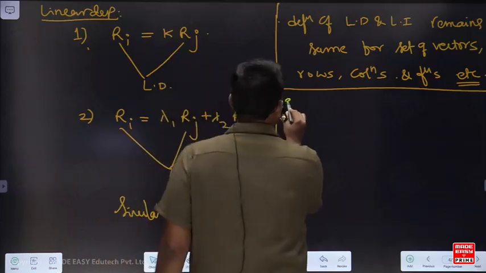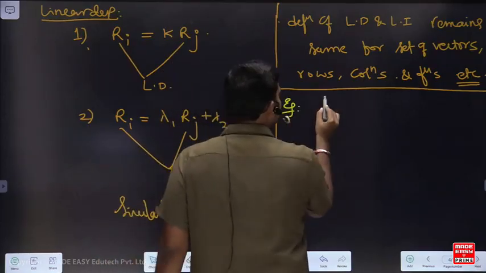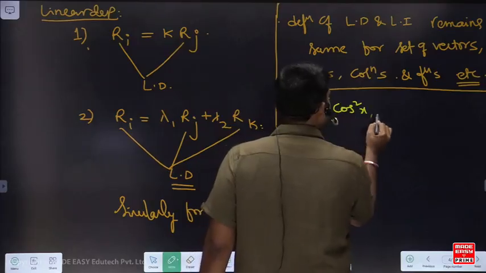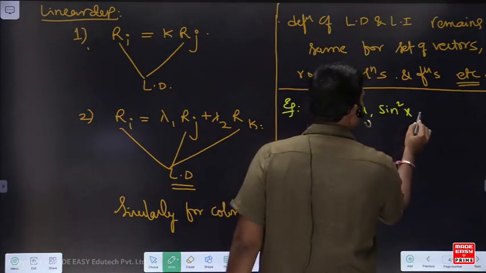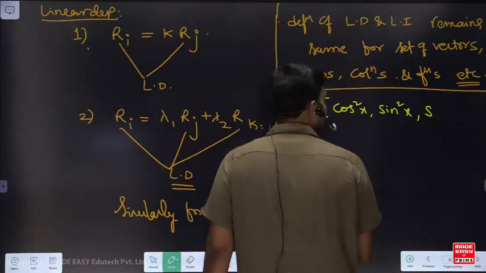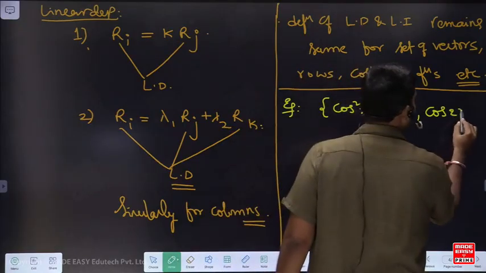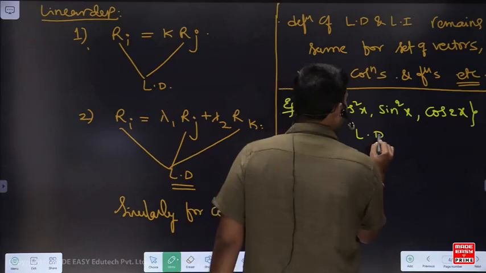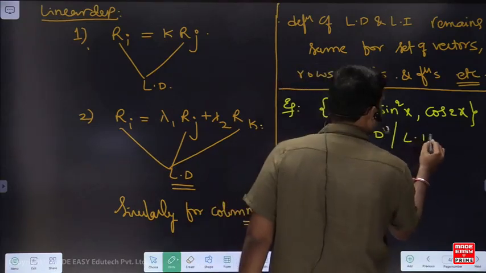Now my dear students, I am going to give you an example here. I have some set of vectors here. This is cos square x and sin square x, and then cos 2x. Now is it LD or LI?